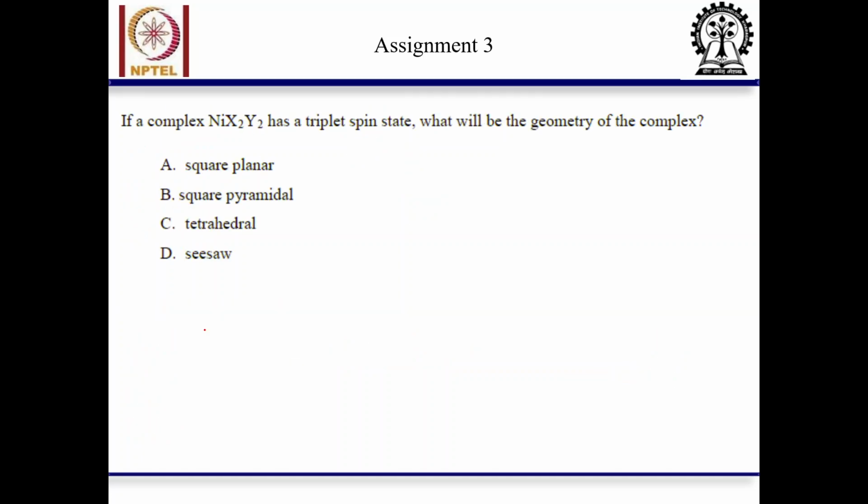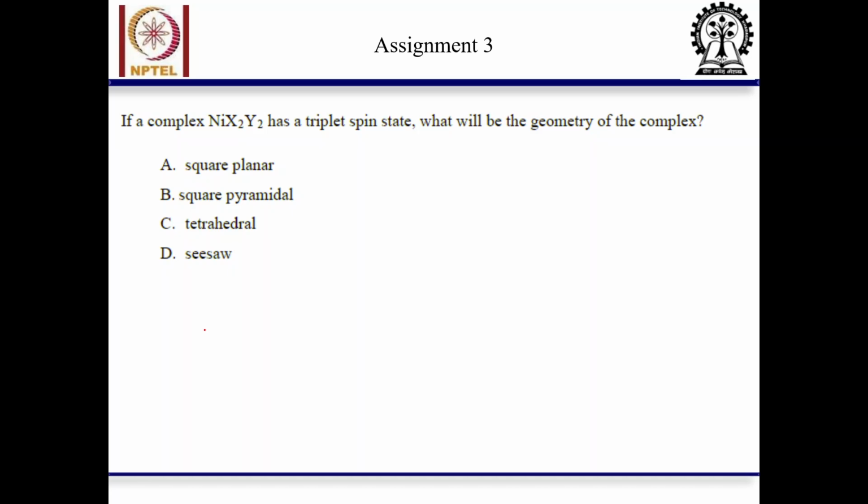If a complex NiX2Y2 has a triplet spin state, what will be the geometry of the complex? Can anyone tell?